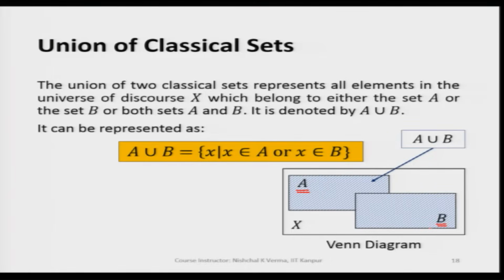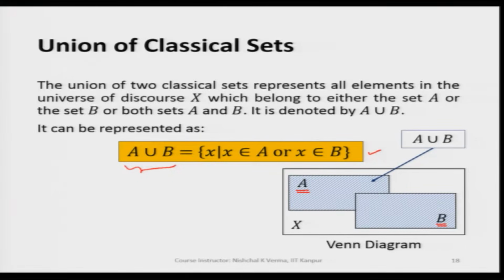So, we follow this condition, and the union is represented by A union B. This gives you the set of all the elements which are belonging to A or B.